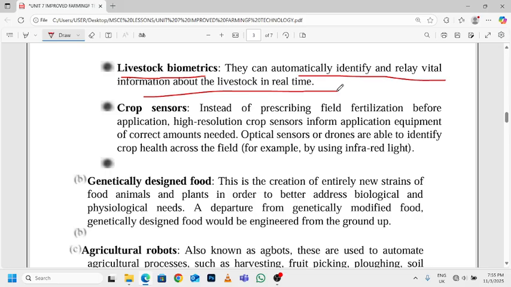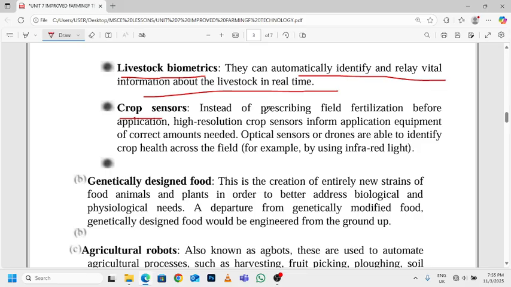Another example of the sensor is crop sensors. The crop sensors are mostly used to operate, for example, when we want to apply fertilizer. Okay?